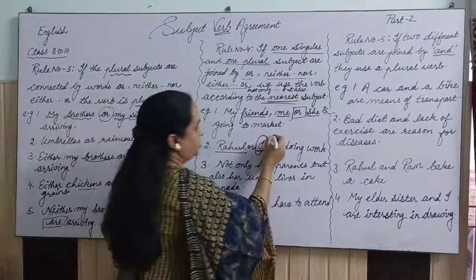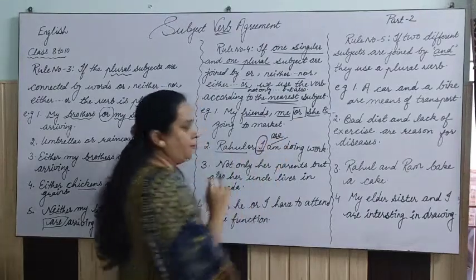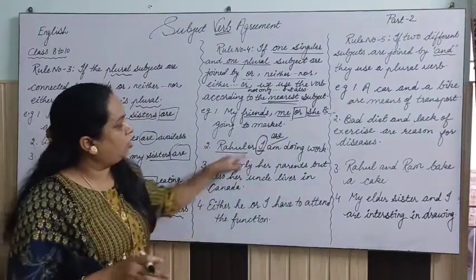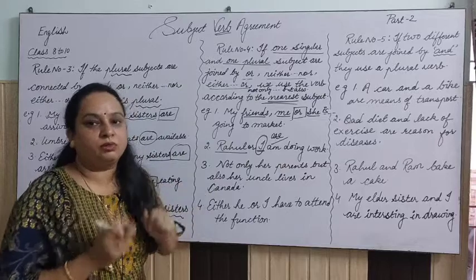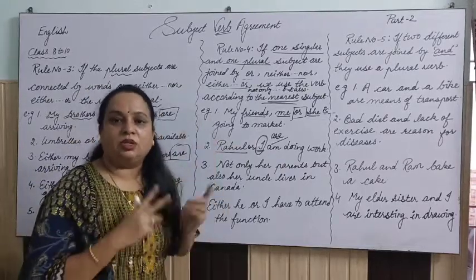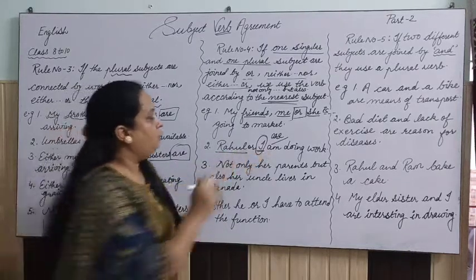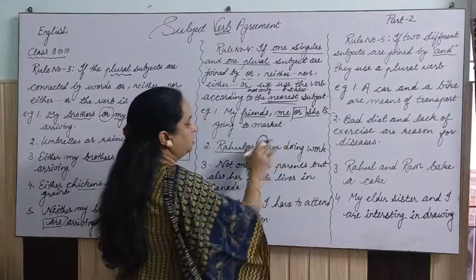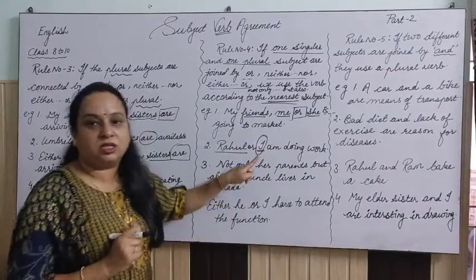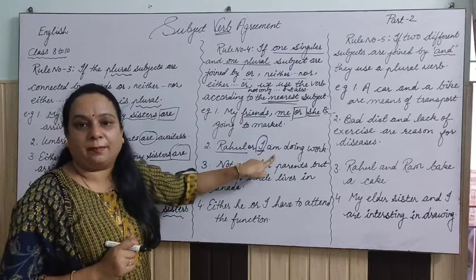It may happen that choices are given like this, either fill are or am. So what you will do here, Rahul or I are going to market, because you will see that one is me and second one is Rahul, it is two, and two is plural, but that is wrong. Rahul or I, we have to see the nearest subject, and the nearest subject is I. So with I we have to attach am, right.